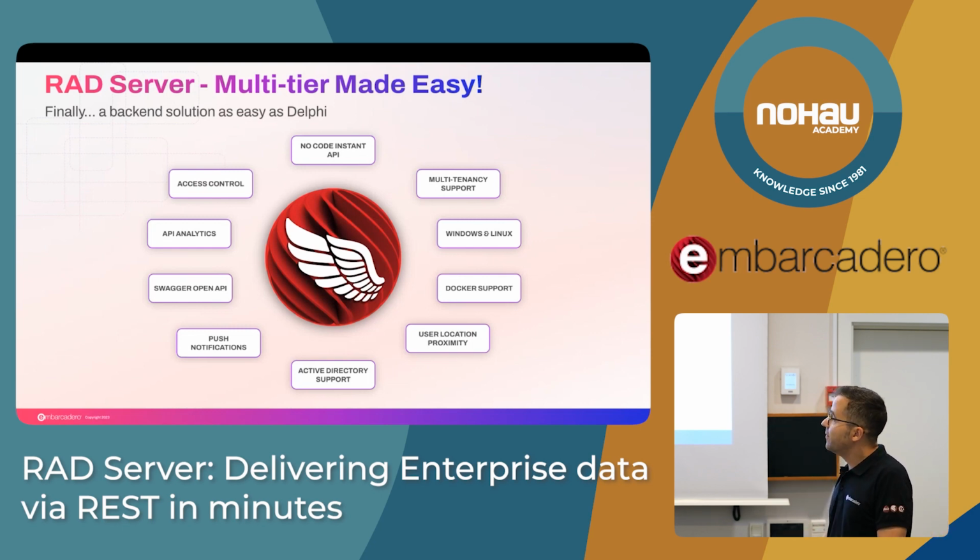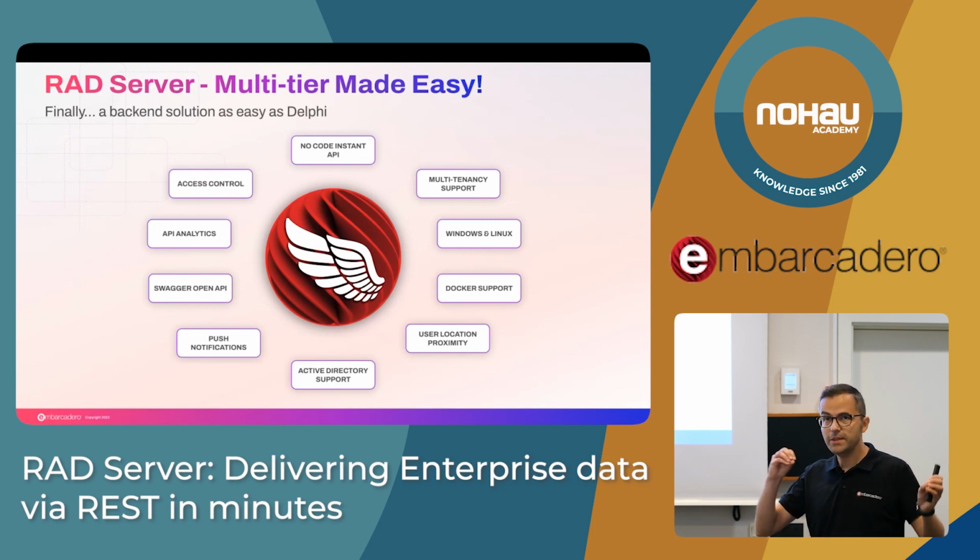In case you have a vast list of users and you don't want to create them manually, you can link RAD Server with an Active Directory or OpenLDAP if you want. So all the users will be included automatically. We have a more niche solution for user location proximity. We use beacons, for example, for a warehouse. If you want to track where, let's say, a trolley is and stuff like that, you can link all that automatically.